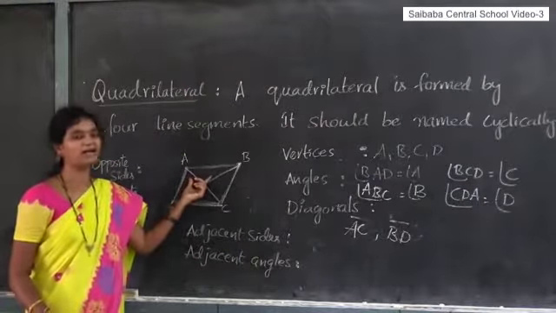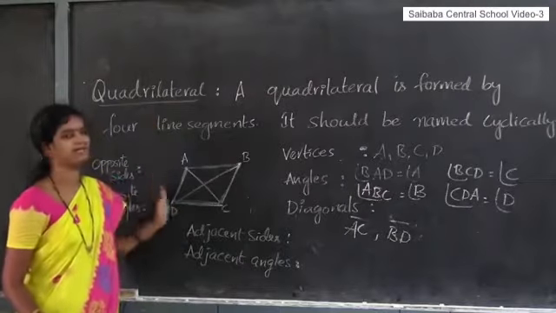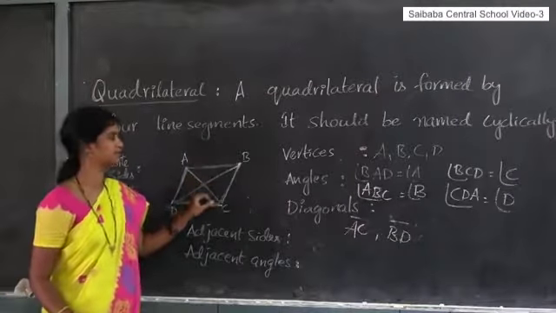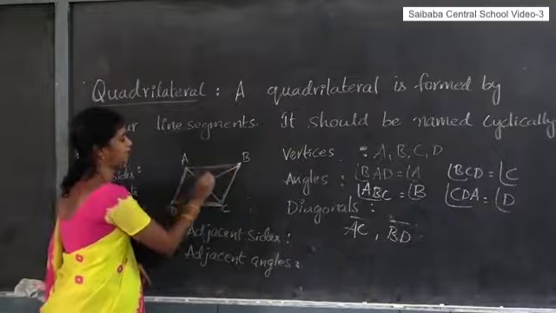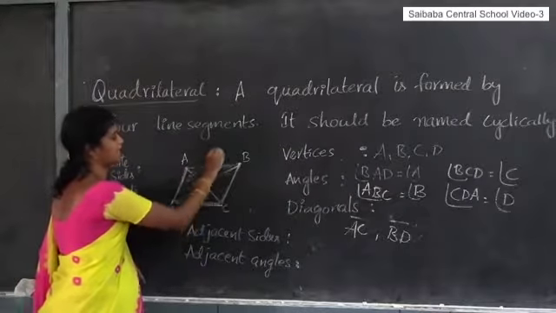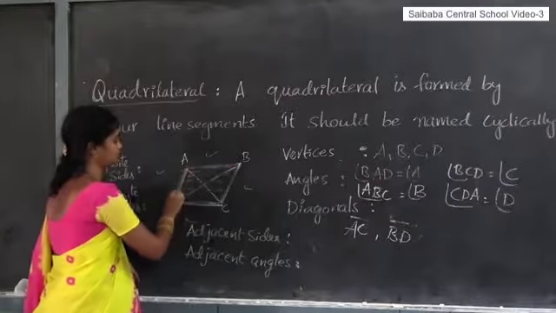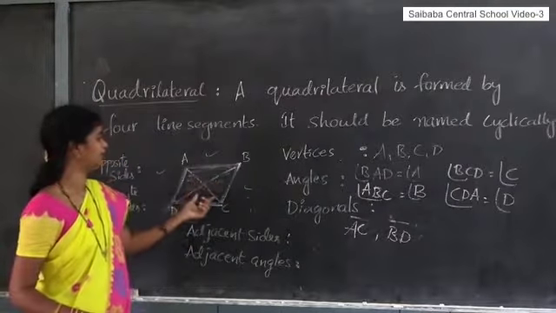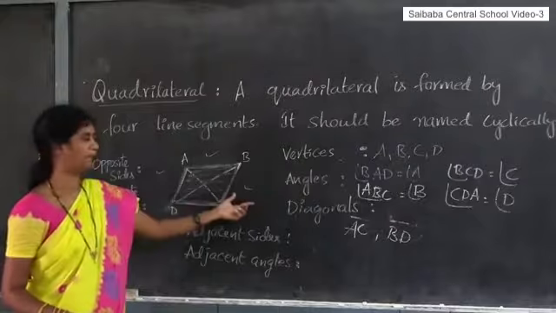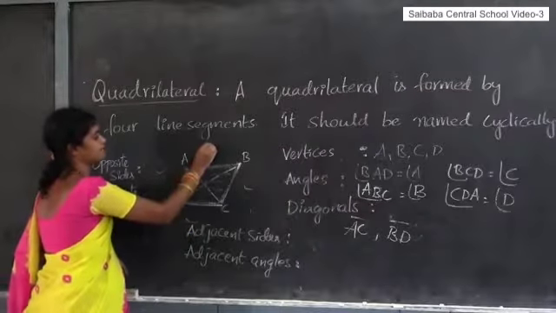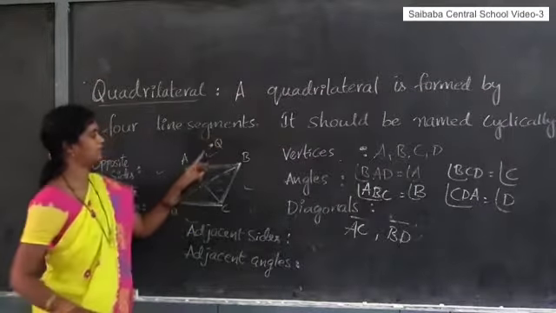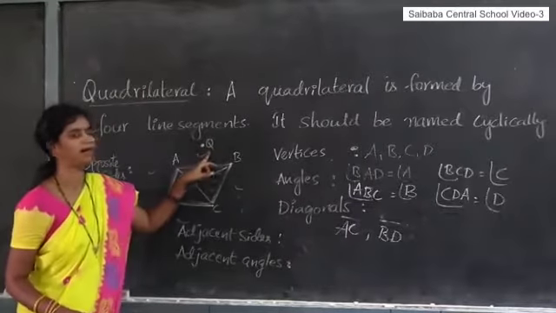Again, this quadrilateral divides the region into three parts: the interior part, the exterior part, and the boundary part. So here if I consider a point Q, it is exterior of the quadrilateral.